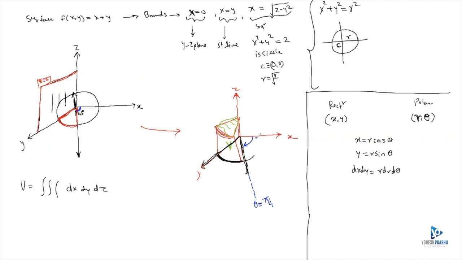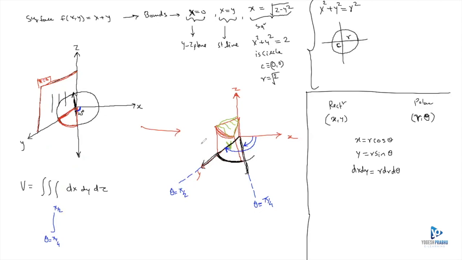What is the highest value of theta you can get? 90. Yes. So in our situation, theta is going from pi over 4 to pi over 2. This is pi over 2. We always measure angles with respect to positive x.